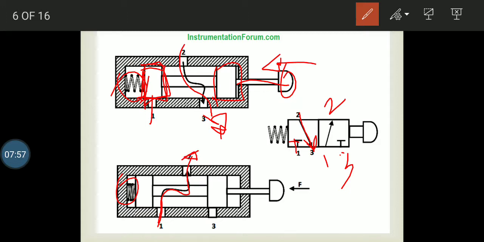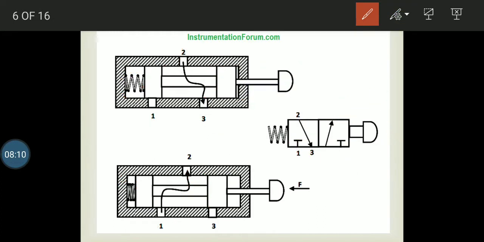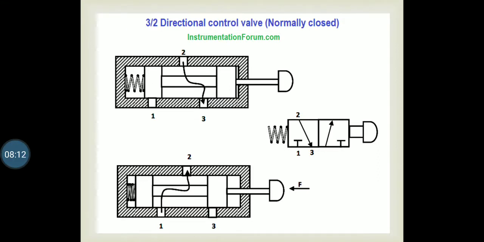Meanwhile the other piston is blocking port number 3. So port number 3 is blocked in the symbol, and 1 to 2 is having a flow. This is a push button type symbol. So this is a 3x2 DCV.